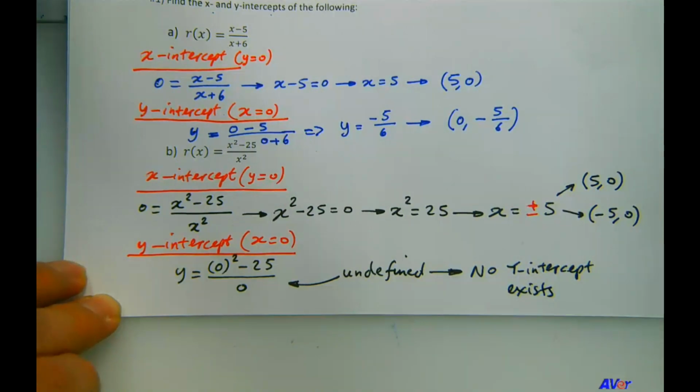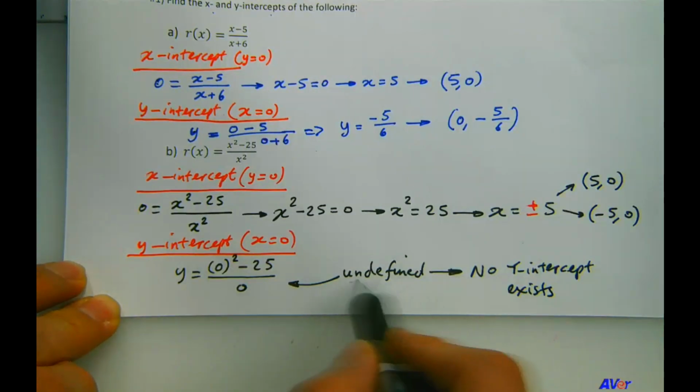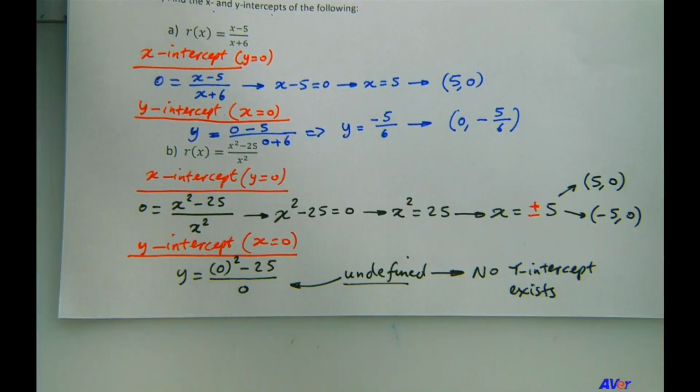Because at that point, the function is going to be undefined. So undefined means no y-intercept exists.